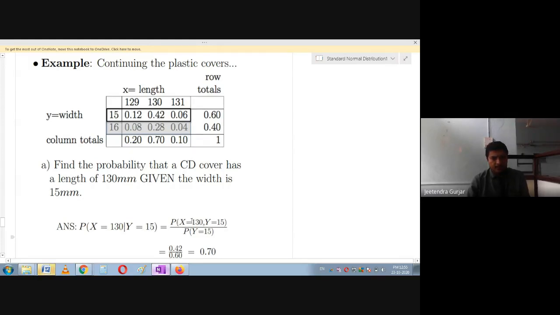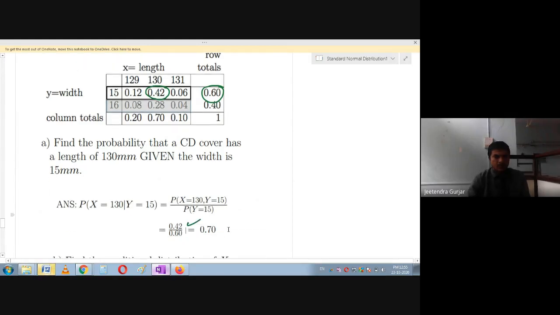So the probability will be probability of x and y, which lies here, divided by probability of y is equal to 15. When y is 15, the marginal value is 0.6. So 0.42 divided by 0.6 is equal to 0.7.